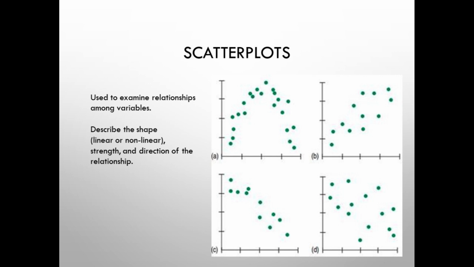We also have an example of a curvilinear relationship in plot A. A curvilinear relationship can be observed when there is both an upward trend and a downward trend, and the shape describes a curve. This can often describe the relationship between age and physical or mental abilities. We first see an improvement with age, and then later in life, a decline with age.